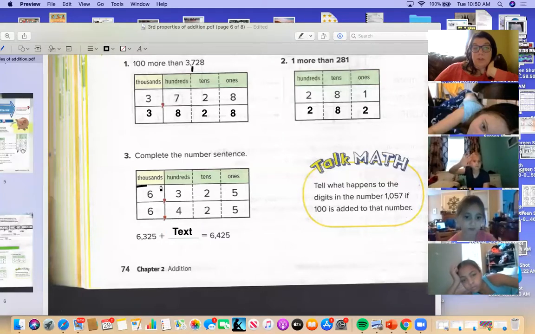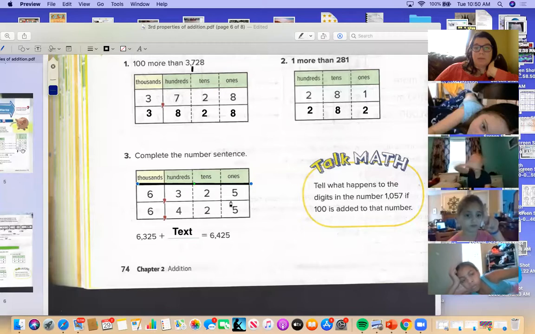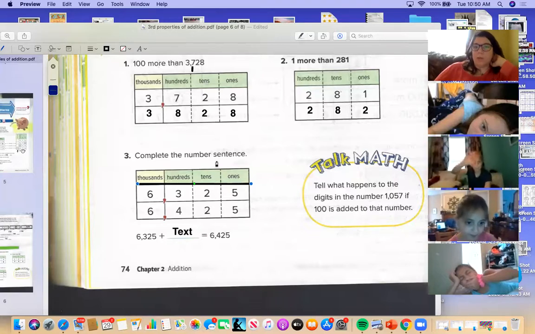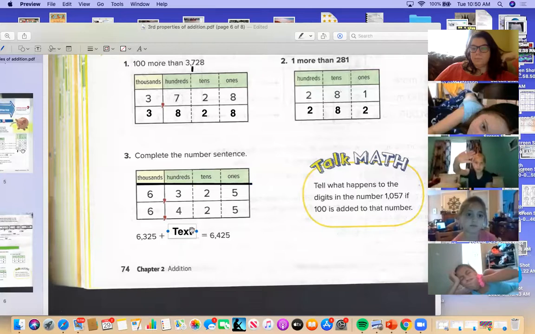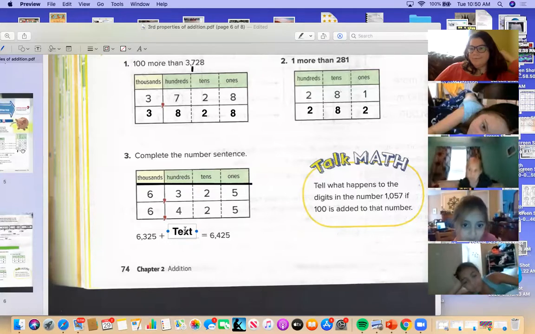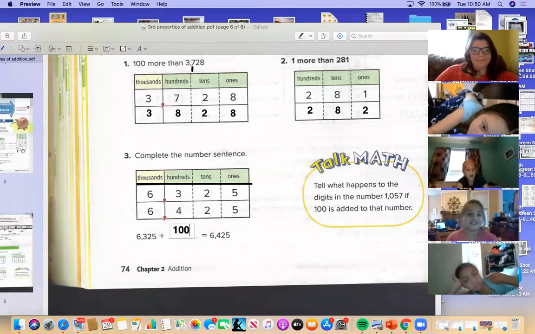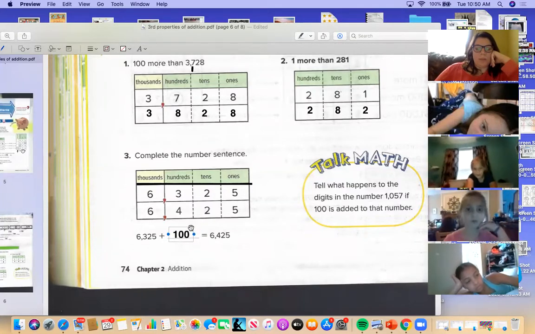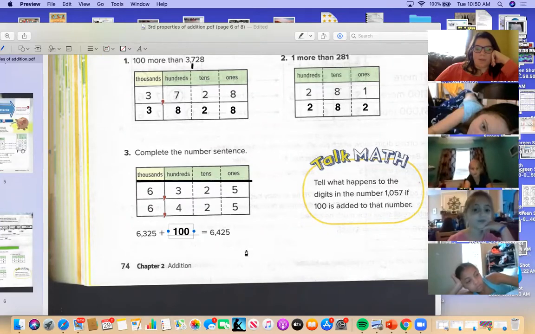We can use our place value chart and see what number's changing. Our fives are the same, so our units place is the same and nothing changed. It's the hundreds, right? So we're adding what? 100. Yeah. 6,325 plus 100 is 6,425. Ta-da!